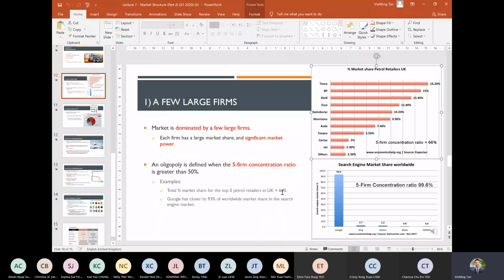So from there we can conclude that the petrol retailers in UK have an oligopoly market structure, because the 5-firm concentration ratio is 66%, which is more than 50%. So we can conclude that in UK, the petrol retailers industry belongs to the oligopoly market structure.